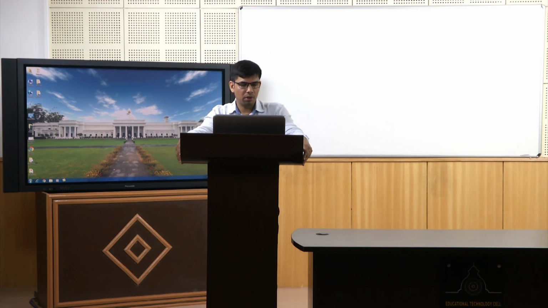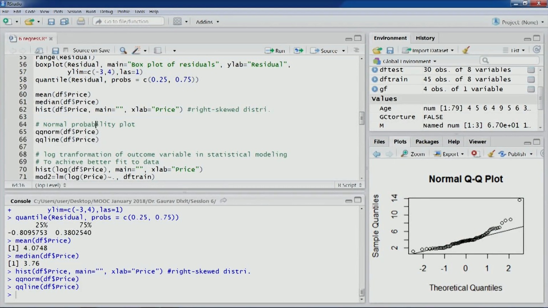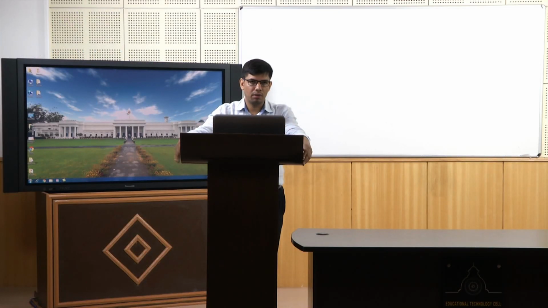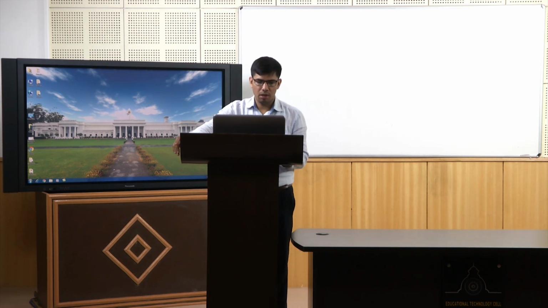From the looks of it, we saw that the outcome variable seems to be right skewed. So a log transformation would be appropriate to make it more like a normal distribution. You would see that in a log function, the majority of the values lie in a smaller range, and then a long range is taken by the other values which are slightly on the higher side.